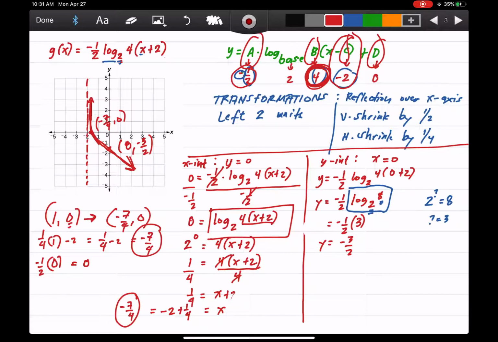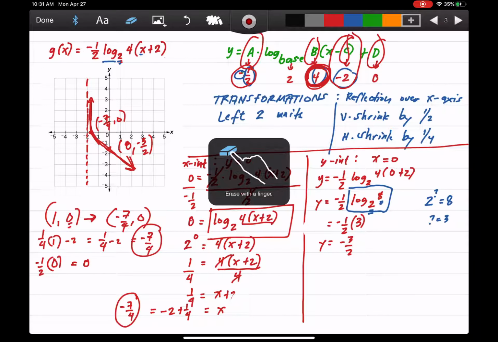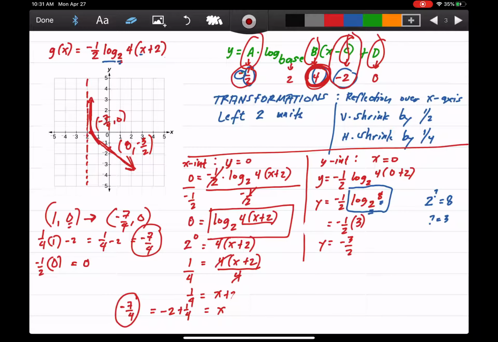Okay, so let's just try to remove some of these here, so we can also write the other information that we will be needing. So for the domain, as you can see, the graph is contained to the right of negative 2.